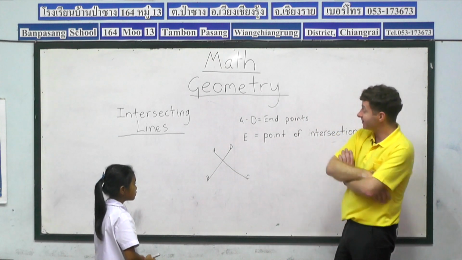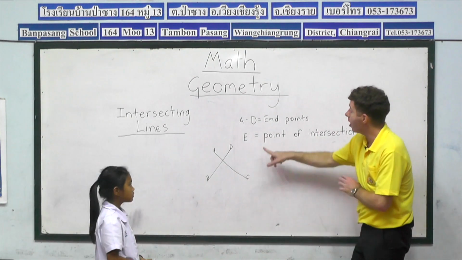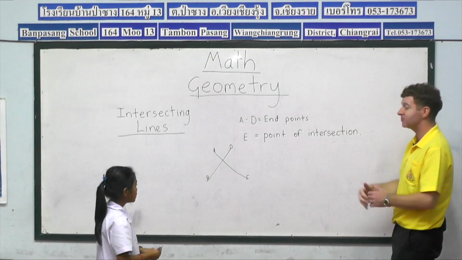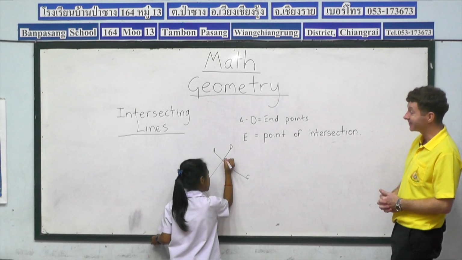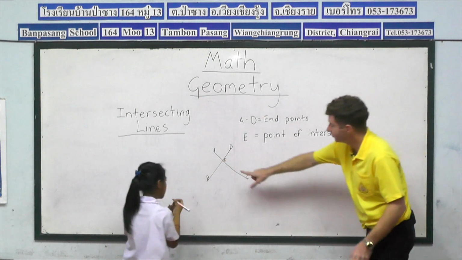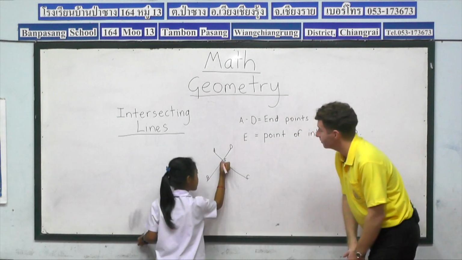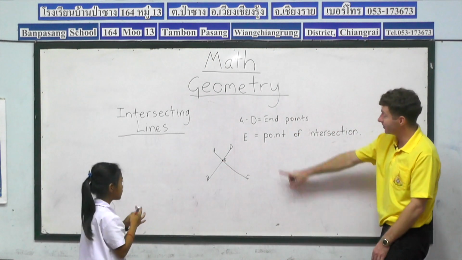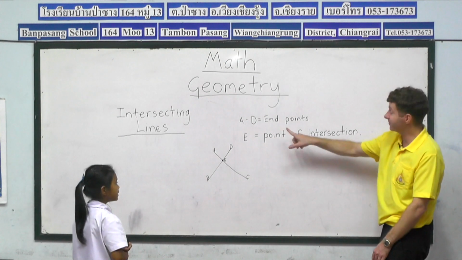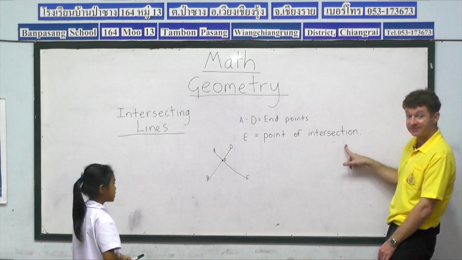Where is our intersecting point or our point of intersection? Can you draw letter E, Pak Bung? Excellent. And then just draw a little dot to make it more. And that's it. So point E is our point of intersection.